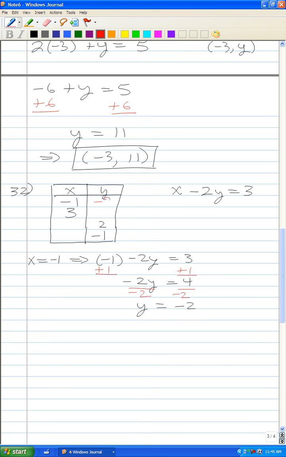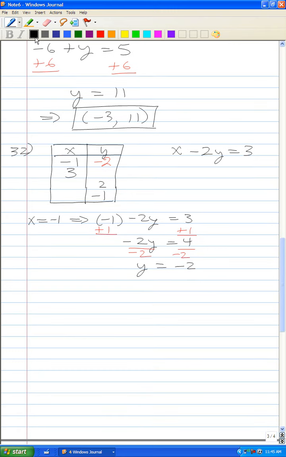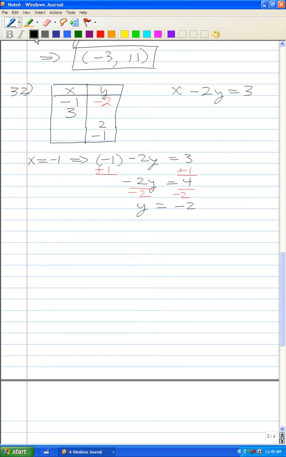Now let's figure out, if x is 3, what is y? And so 3 minus 2y is 3. Subtract 3 from both sides. -2y is 0. Divide by -2. So y is 0.